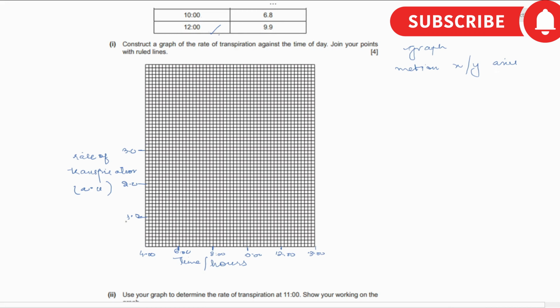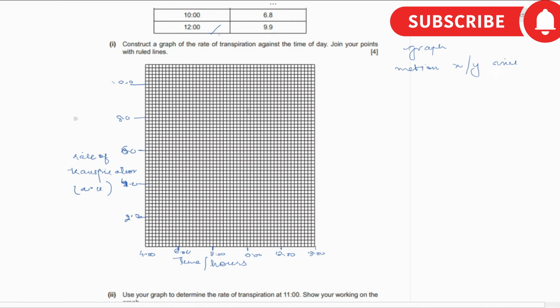It's 2.0, it's 4.0. Okay, 6.0, 8.0, okay, 10.0. Let's have a reading.